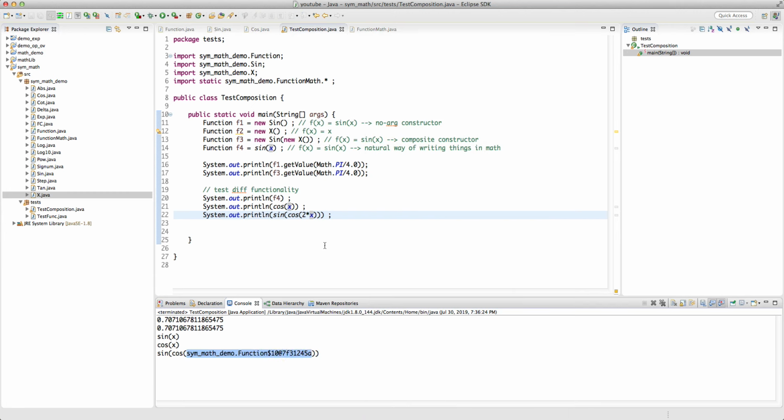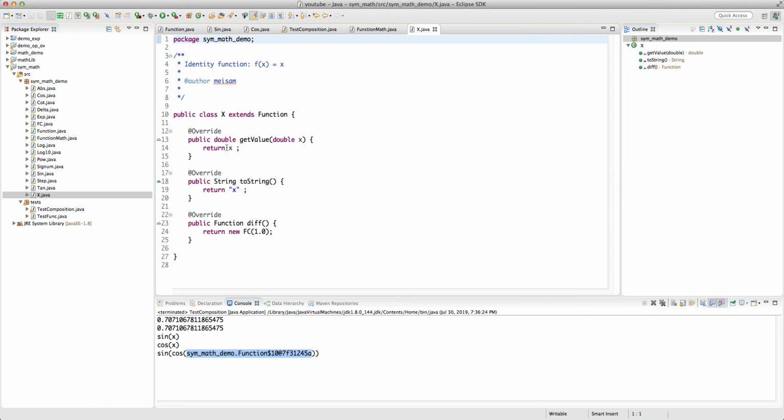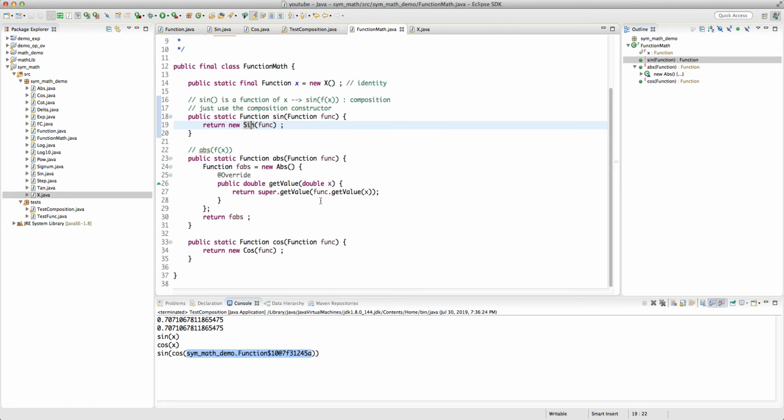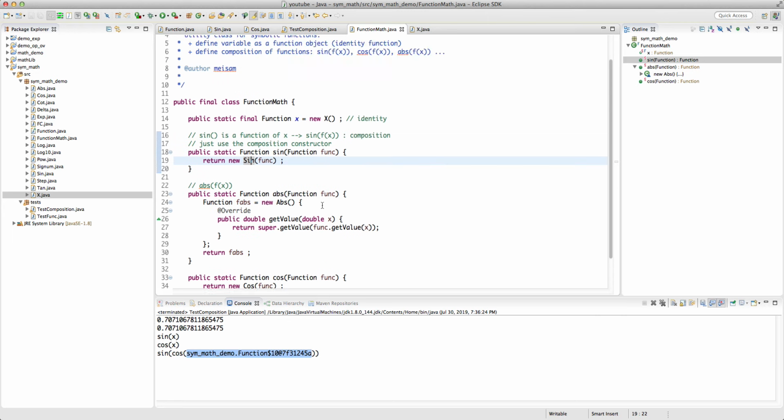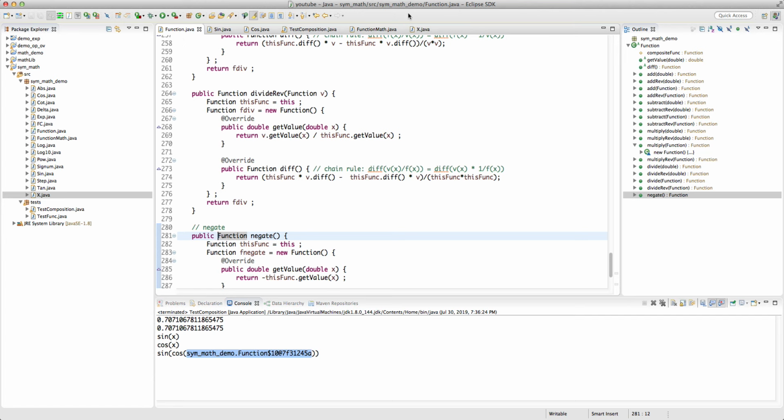It doesn't work because 2x is still more like x, so we have to go and implement the composite function for these two.